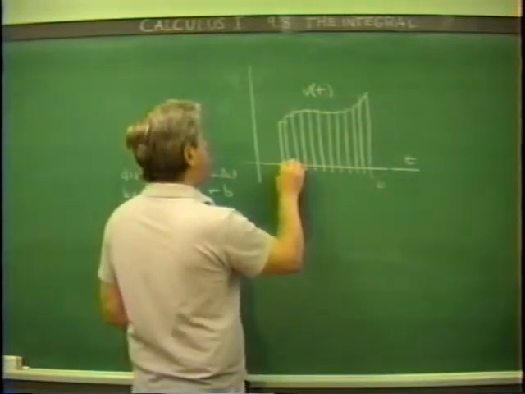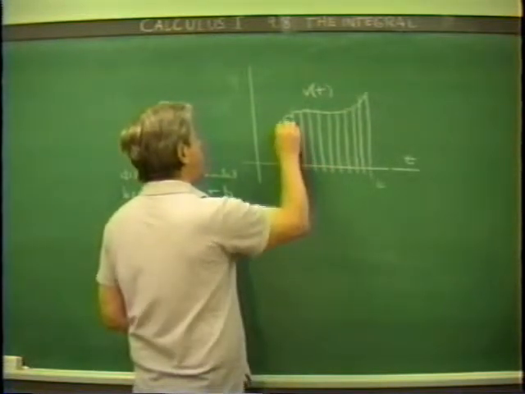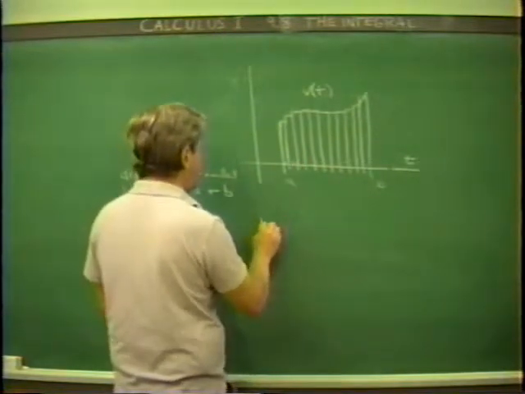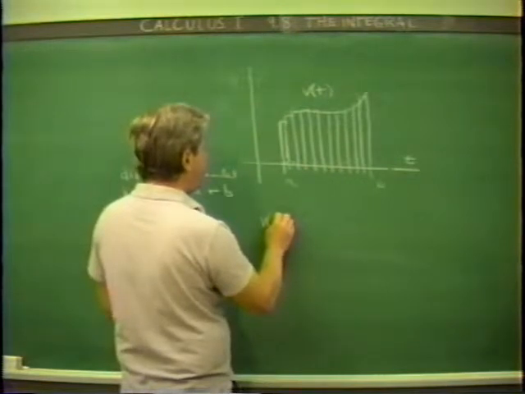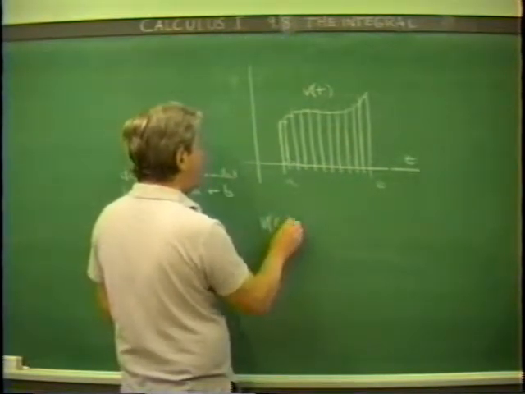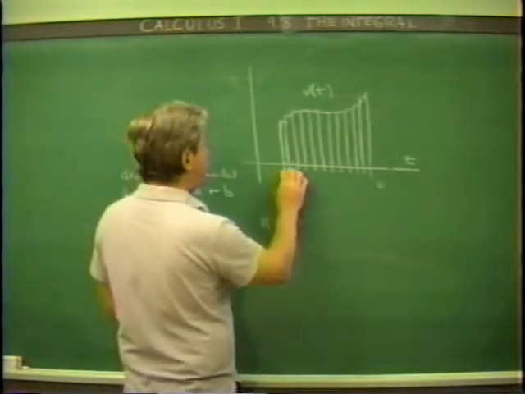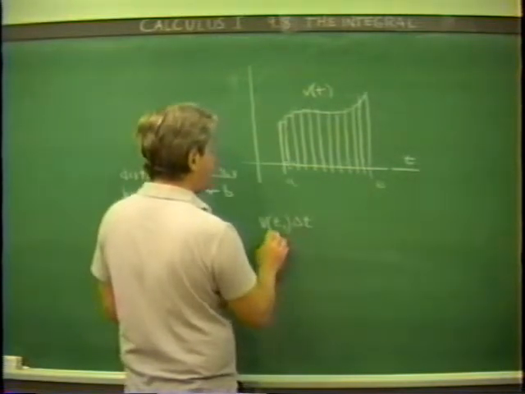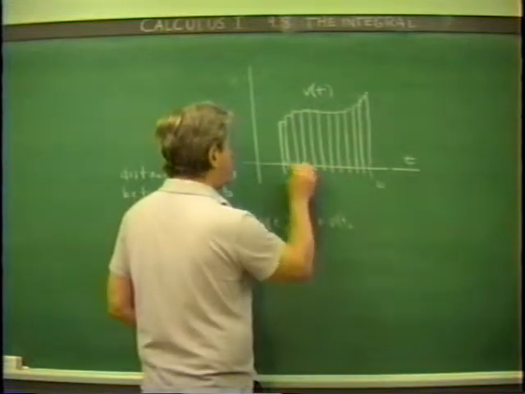You could say that this was approximately equal to, see, the velocity in each one of these intervals is approximately fixed. So if we were to take the velocity at some point t1 in the first interval, and multiply it by the change in time across the interval, this would be approximately the distance traveled.